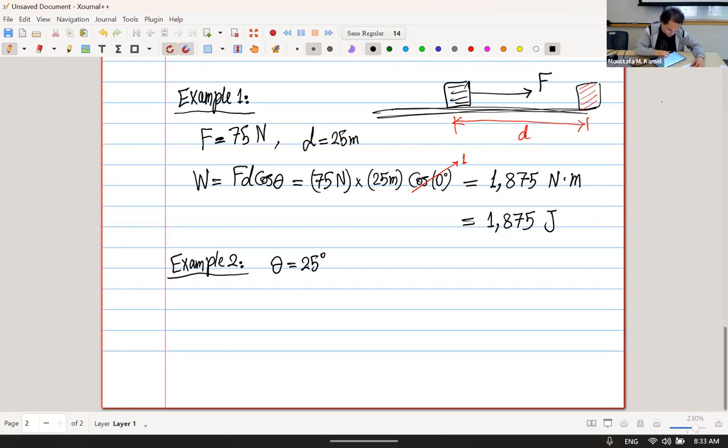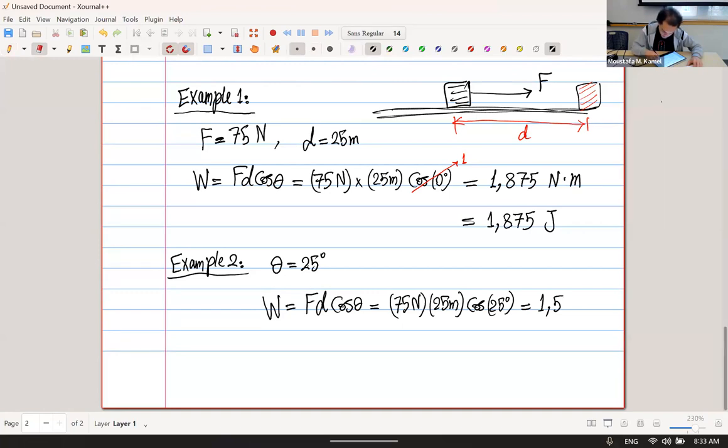In this case, we get the work done on the block is equal to 75 newtons times 25 meters times cosine of 25 degrees, which is equal to 1,699 joules.